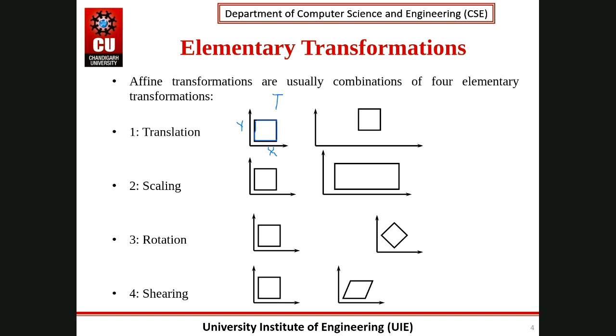I hope you remember the translation vectors. Translation is the only transformation which has the addition operation; that's why we introduced the homogeneous coordinates. By applying tx and ty, the translation vectors, we can change the position of an object, as you can see here. There is no change in the size or the shape of the object, but the position of the object is changed.